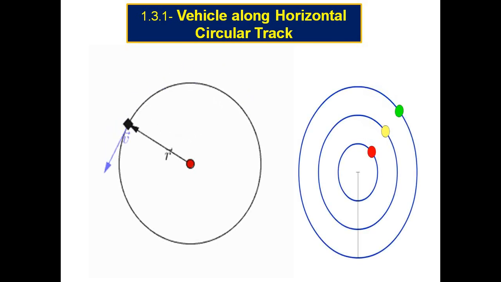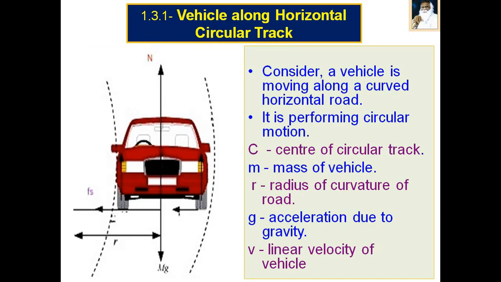There is another example. There are 3 colored particles and the track is also different, but they are all performing uniform circular motion. In the diagram, there is a vehicle which is along the horizontal circle.